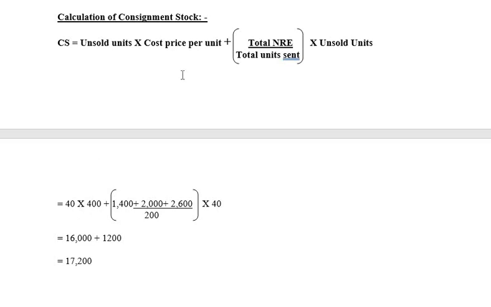40 into cost price per unit, which is 400, plus non-recurring expenses. Now which are the non-recurring expenses? Look into the question.